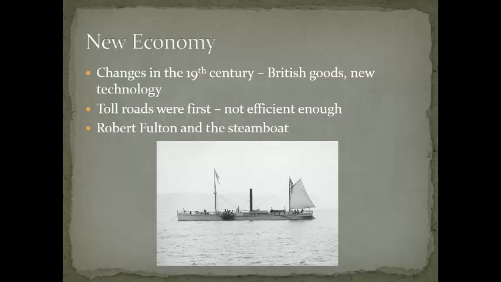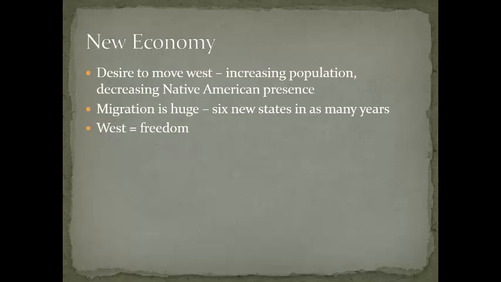For the first time in many Americans' lives, they are buying the stuff they need to live rather than making it themselves. Now, one reason people are so interested in advances in technology and communication is this desire to move west. In fact, I mentioned earlier, this idea of manifest destiny.